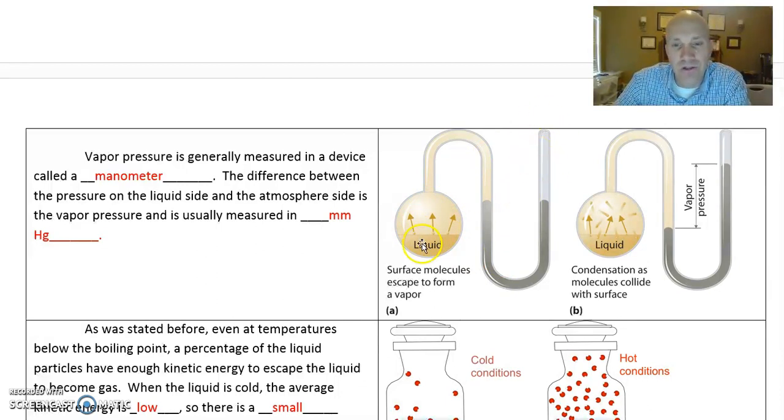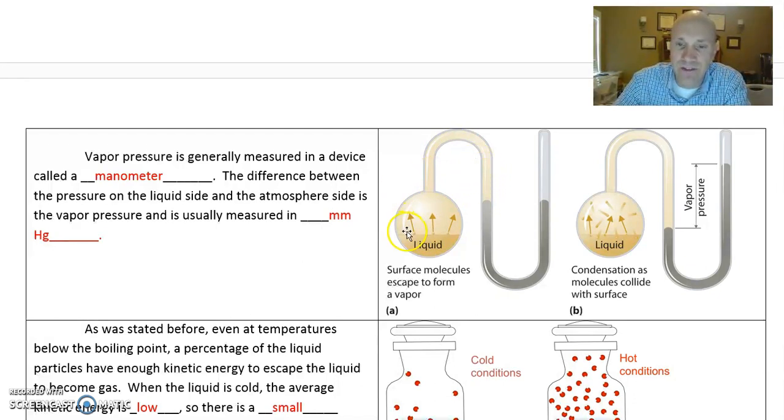So what's going to happen is the more evaporation that occurs here, the more vapor particles you're going to have in this space here, and the more those vapor particles are going to push down on the top of the mercury right here.